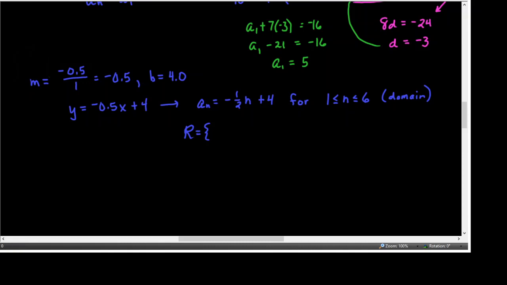Since it's a small set, I'm just going to list them. 3.5 and 3 and 2.5 and 2 and 1.5 and 1. That's the range. Those are all of the outputs that we get if we use all of the numbers 1 through 6, if we use the entire domain. So that's the range.